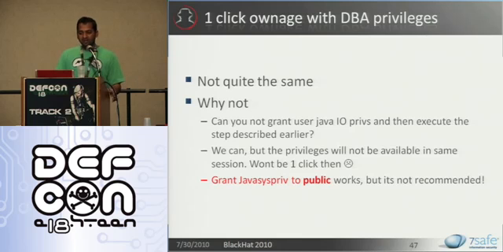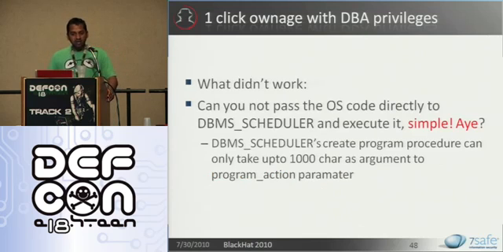You can do something like grant Java sys permissions to the public role, and then the permissions will be available in the same session. But if you are doing pen testing consultancy like I do, then granting something to public, the client will not be very happy. If you remember, with DBA permissions we were executing code by calling a DBMS scheduler.